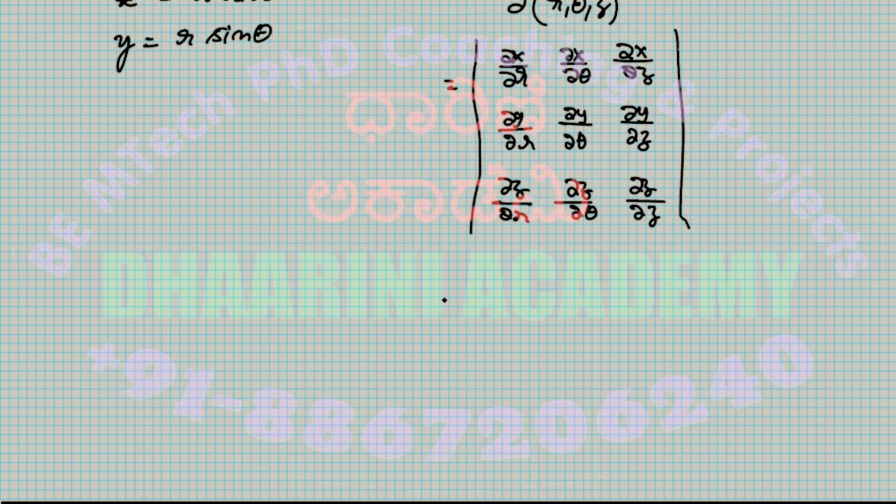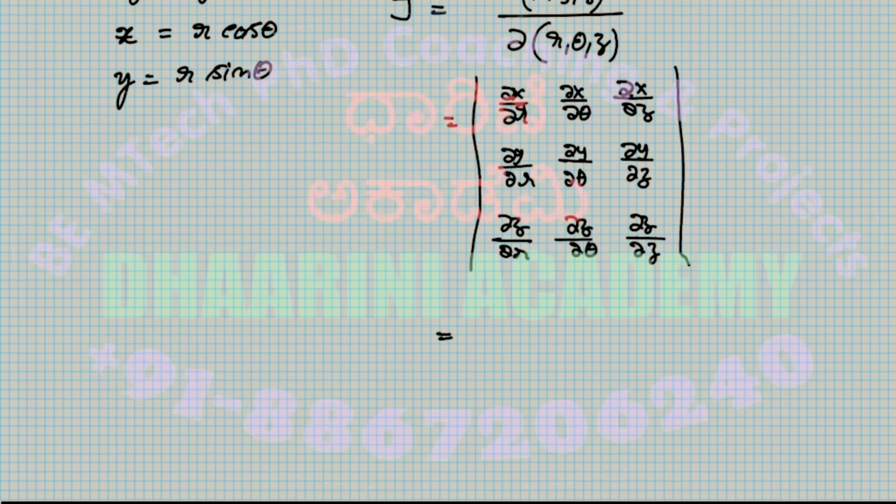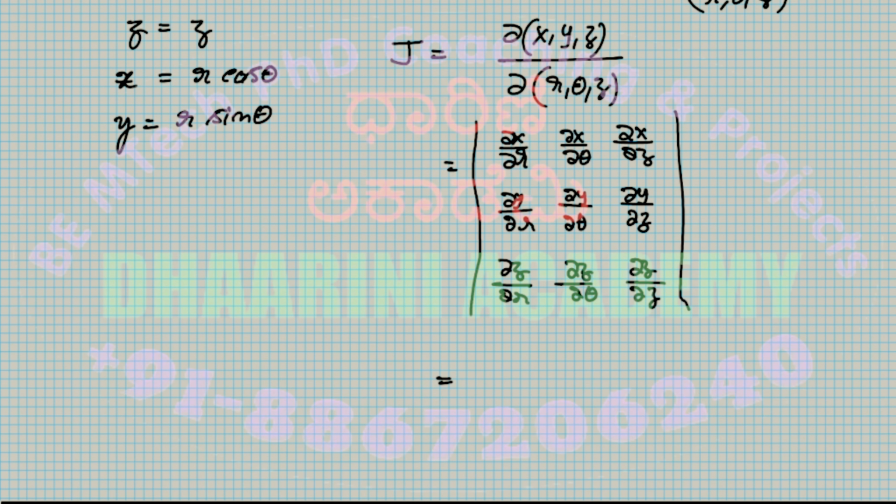Hope this equation is clear. Now you know the equations. On the left hand side, you can see what x, y, z are, so I can definitely write dou x by dou r. If you differentiate x with respect to r, you get cos theta. Differentiate x with respect to theta, cos theta becomes minus sine theta, so this is minus r sin theta. There is no meaning in differentiating x with respect to z because they are independent, so the answer is 0.